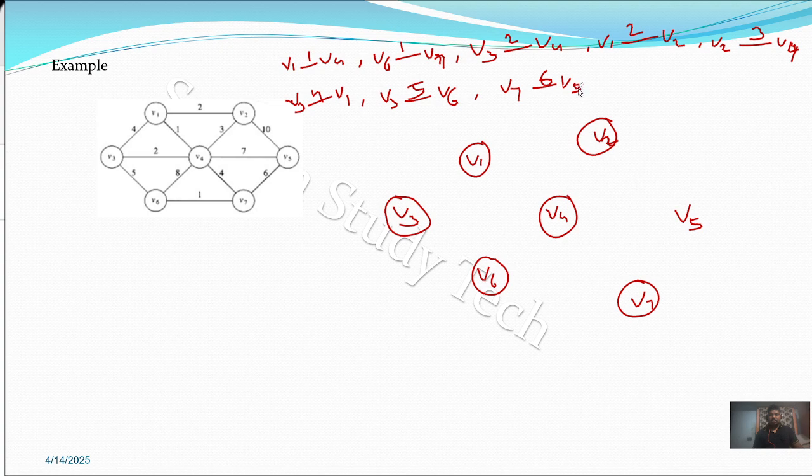Next you can consider V4 to V5, with cost 7, and V6 to V4, with cost 8.